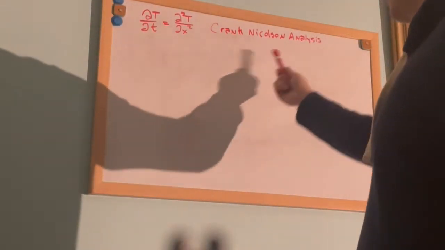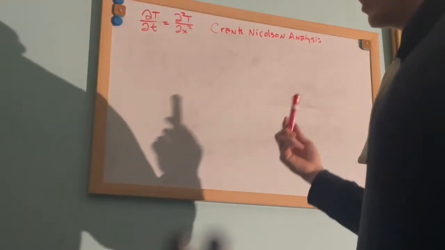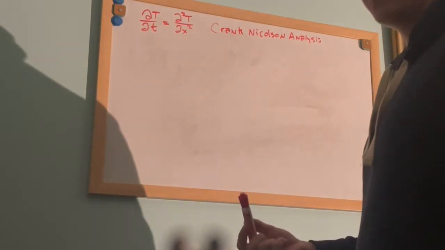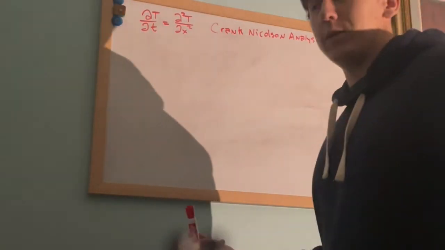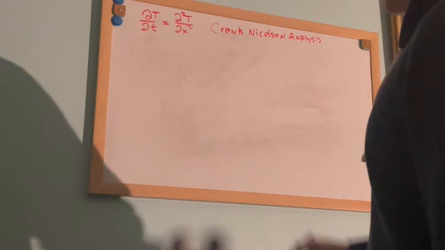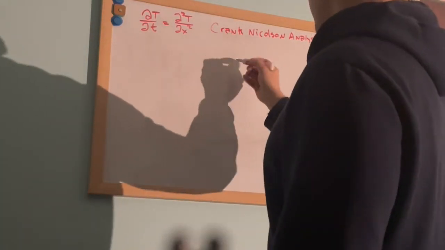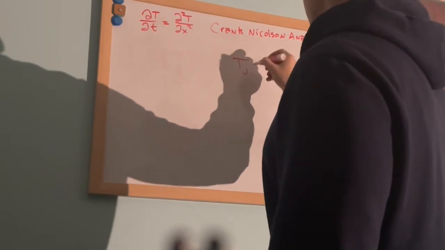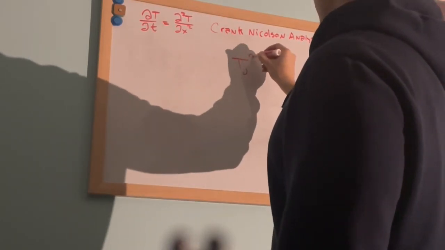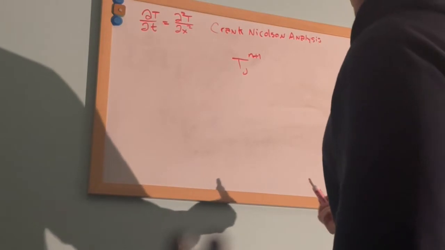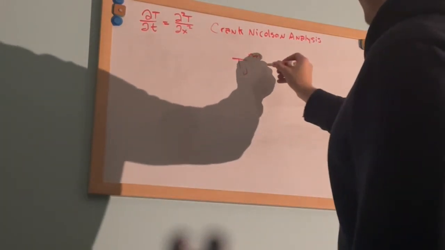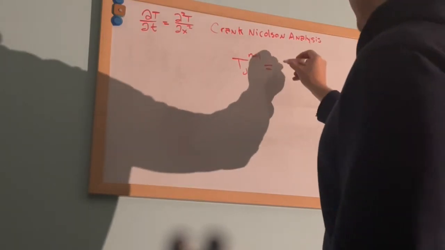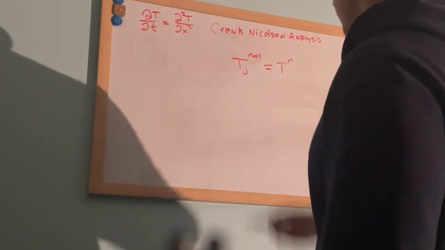Now, what's different about this one is this is going to be an implicit method, and the one that we had done before with the von Neumann was an explicit method. Now, what does that mean? The explicit method that we had done with the von Neumann is we looked at some temperature at some position, and the temperature that we were trying to determine, at n+1, which was the time ahead, was dependent on the time that we knew right before it.